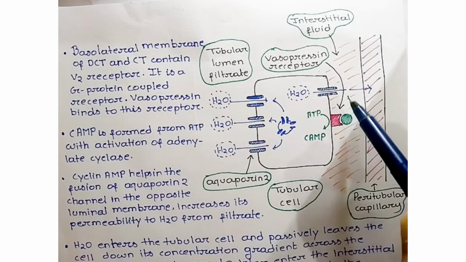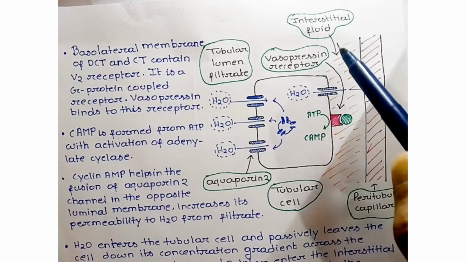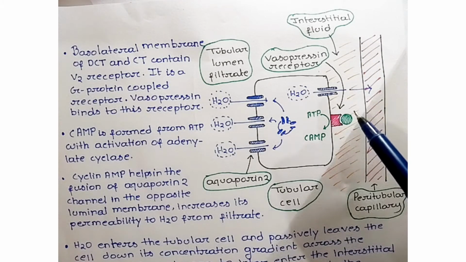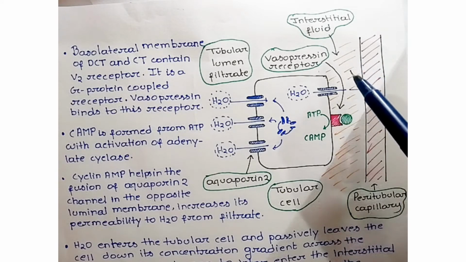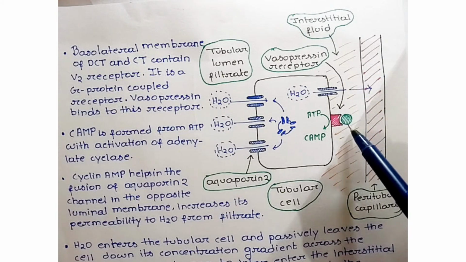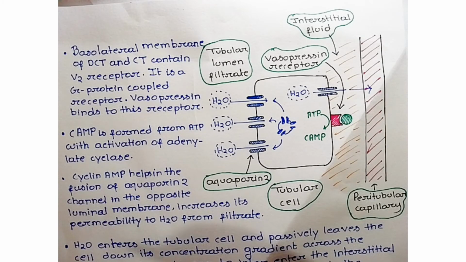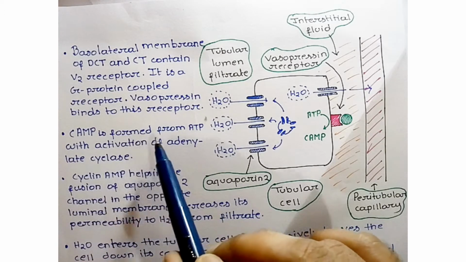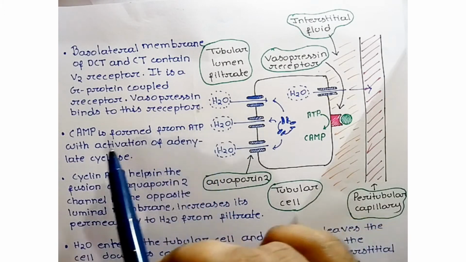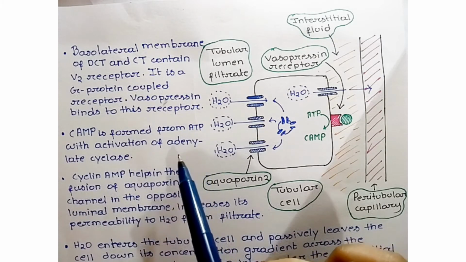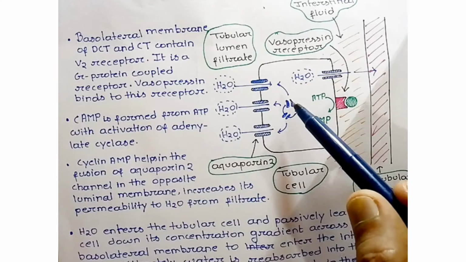The hypothalamus synthesizes the vasopressin, then it is stored in the pituitary and ultimately enters the blood and comes to this V2 receptor, when your body is in H2O deficit condition.